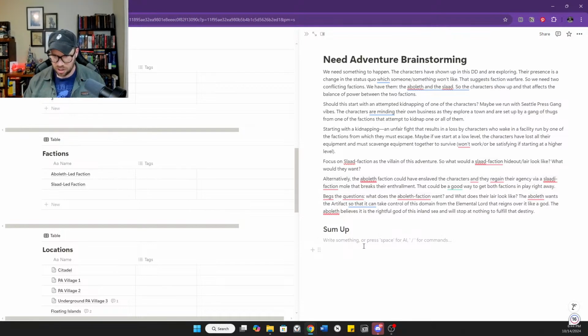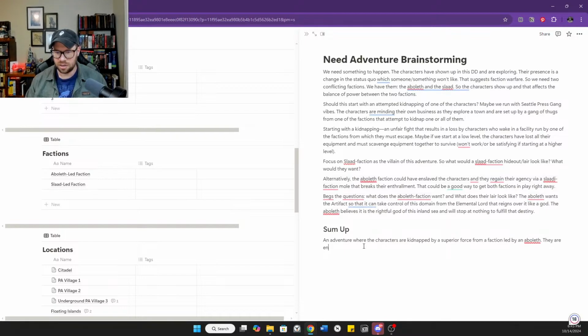Okay, so let's see here. An adventure where the characters are kidnapped by a superior force from a faction led by an aboleth.